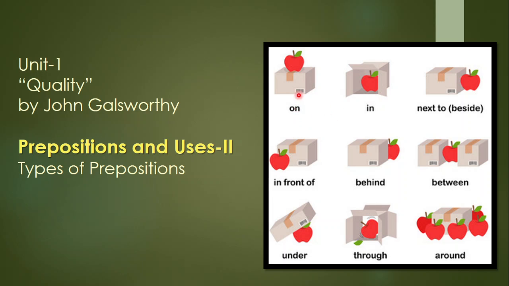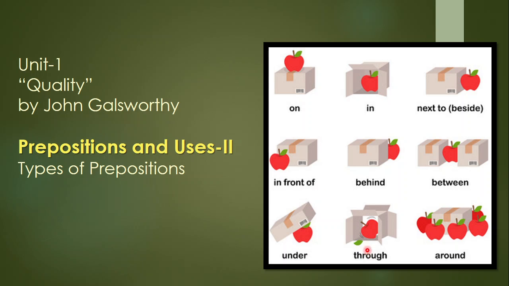Here the apple is on the box, the apple is inside the box, the apple is beside or next to the box, the apple is in front of the box, the apple is behind the box, the apple is between two boxes, and it is under.